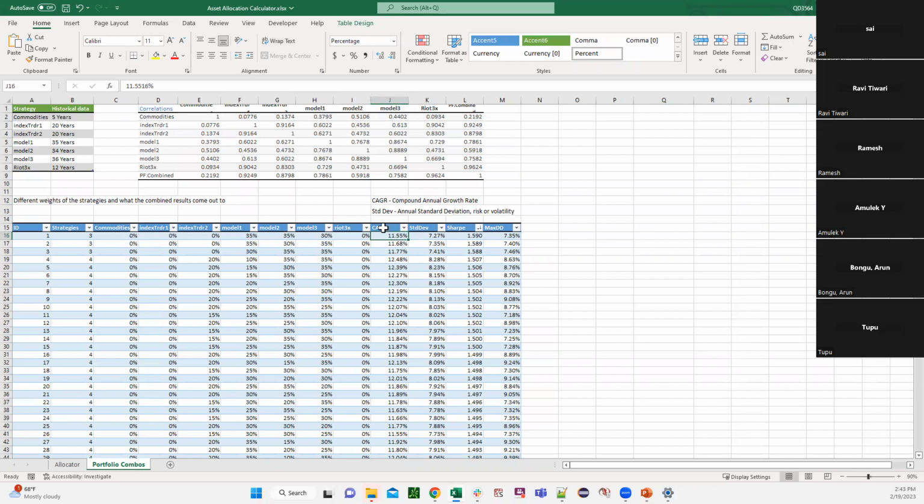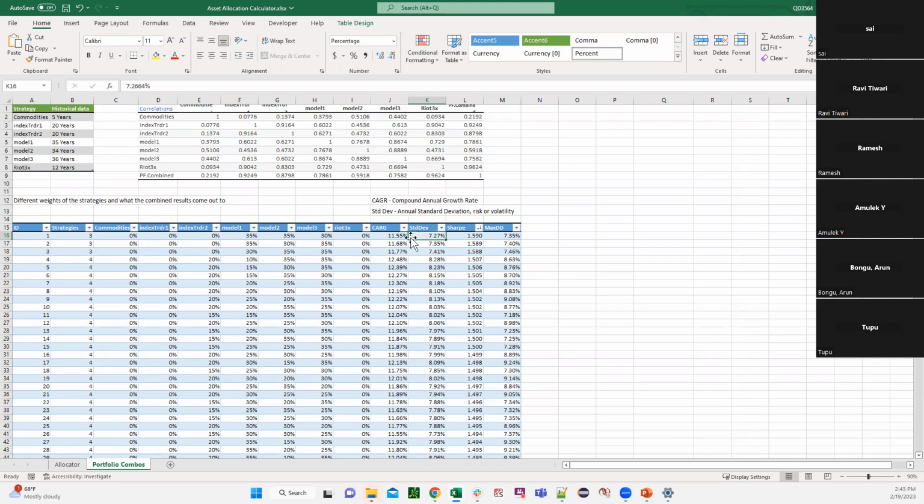What you've got to do when you figure out this return is look at the products that are included. So Model 1, 2, 3 have 35 years, 34 years, 36 years, and you take the smallest number, which is 34 years. So this combination that returns 11.5% is based on 34 years of history of using this algorithm.